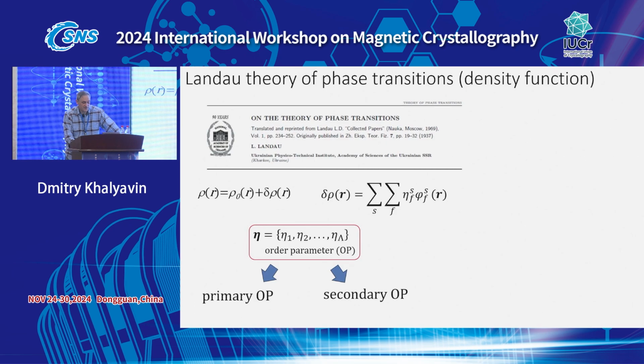For our discussion, what is essential, and Manuel already mentioned it, is that we need to define the order parameter. It has been defined at several points in several lectures before me, by Branton, Ruan, Manuel, so you should have an idea what this order parameter is. It's just this coefficient, eta, in the decomposition.